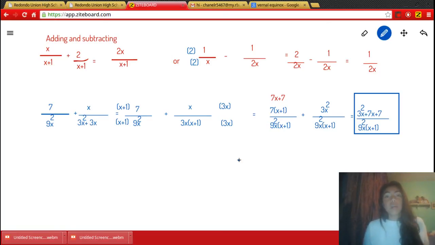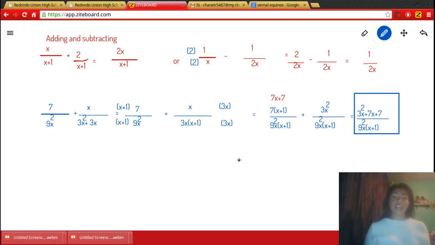Now, what is the least common denominator? Well, it'll take you some time, but the least common denominator for this is 9x squared parentheses x plus 1. So on the left side, you multiply x plus 1 on both top and bottom, so you have 9x squared parentheses x plus 1, and on the right side, you multiply the top and bottom by 3x.